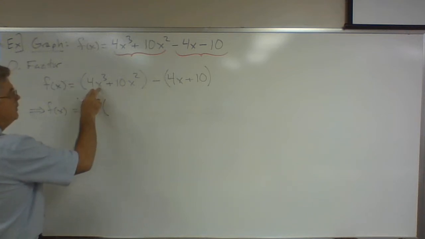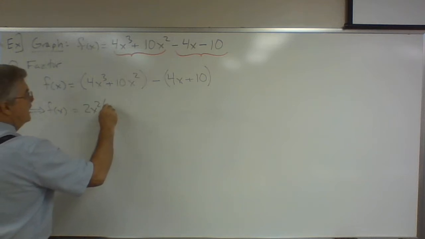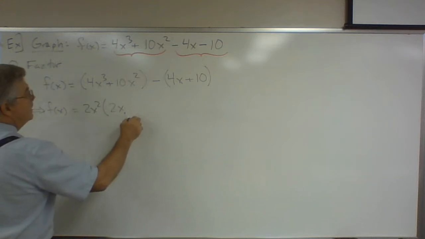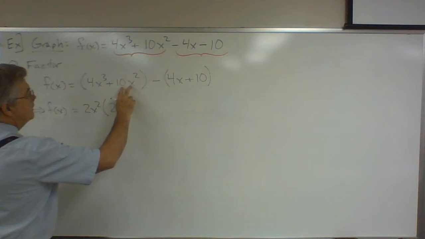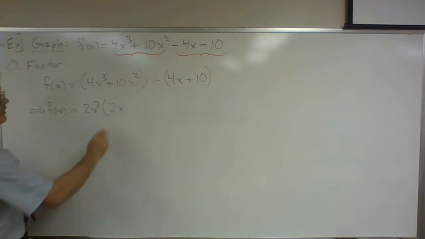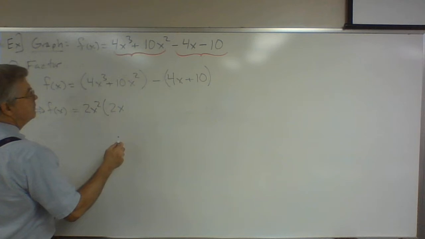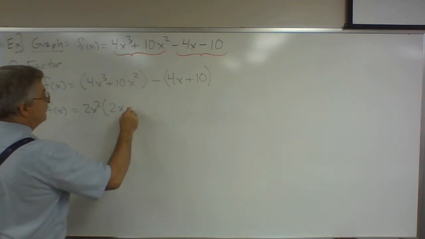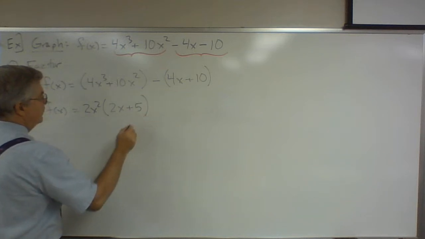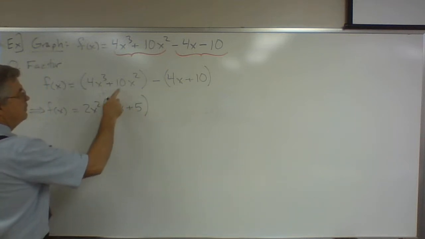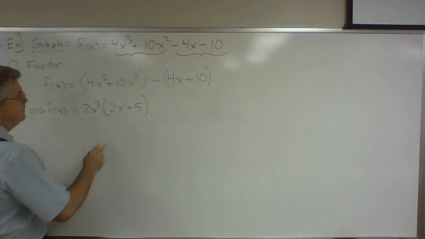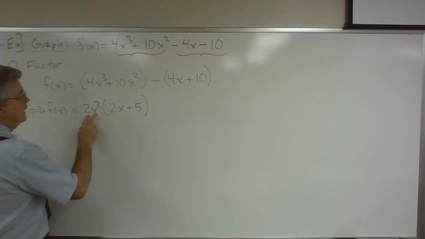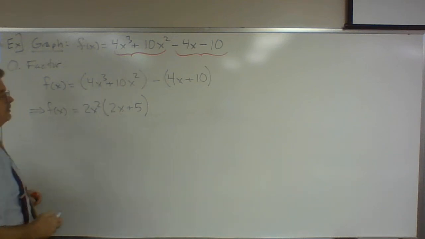If I remove 2x squared from this term, that leaves me with 2x. If I remove 2x squared from this term, that leaves me with 5. 5 times 2x squared is 10x squared. That looks good. 2x times 2x squared is 4x cubed. That looks good.